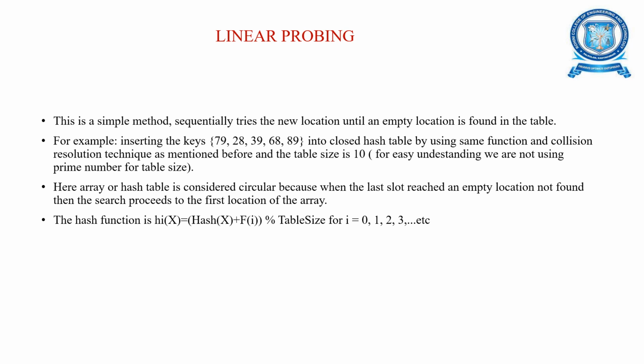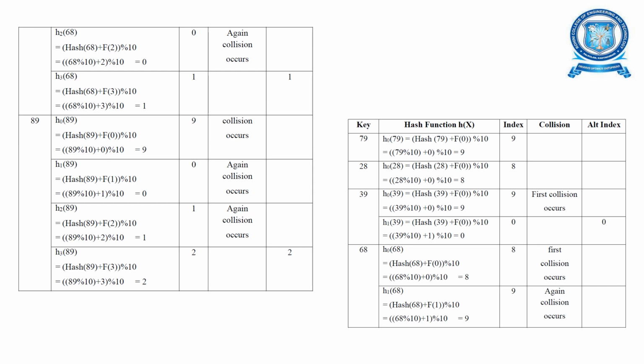This is the formula: hi of x is equal to (hash of x plus f of i) modulus table size, where i equals 0, 1, 2, 3, etc. If you see this table, we have calculated the hash function for each value. If it comes to 0 and that slot is already occupied, a collision occurs again.